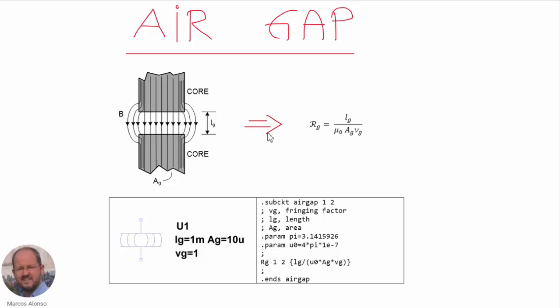The air gap is going to behave like a constant reluctance, so it's a constant resistance in our electrical model, given by the length of the air gap divided by the permittivity of the free space and divided by the cross-sectional area of the core in which we are introducing the air gap.